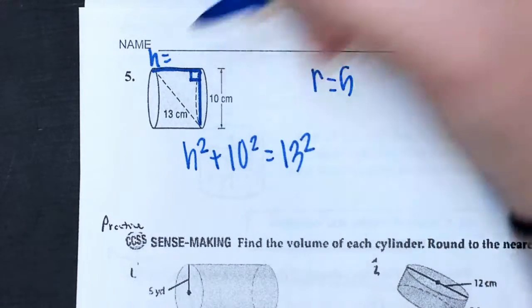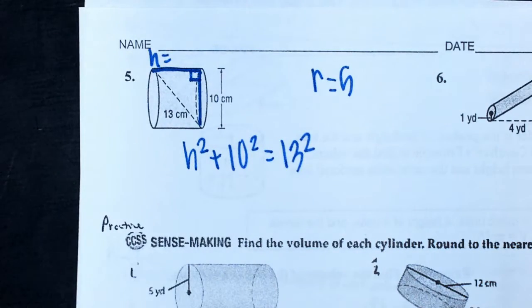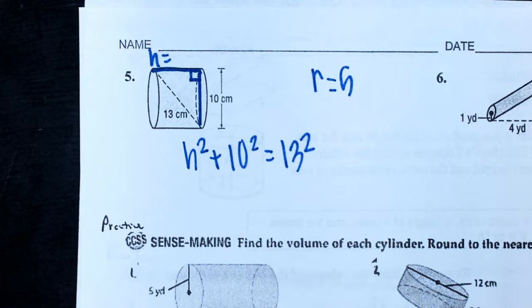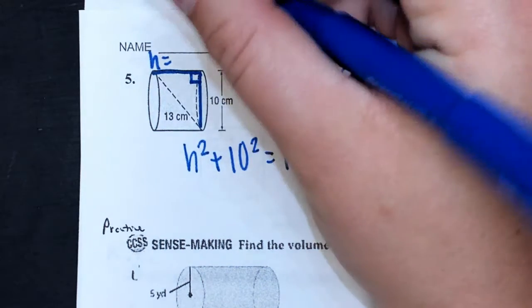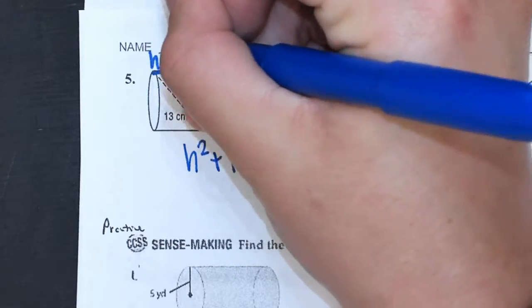So draw your height and find it yourself. Maggie, what'd you get? 8.3. Yep.